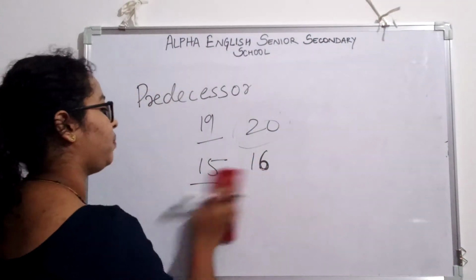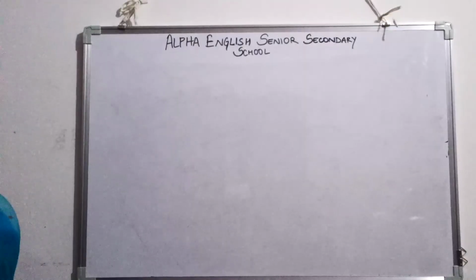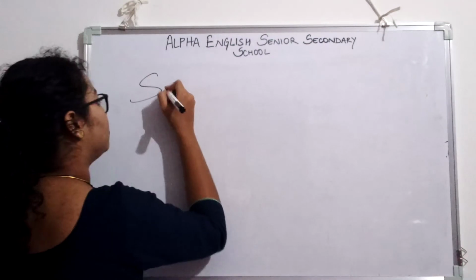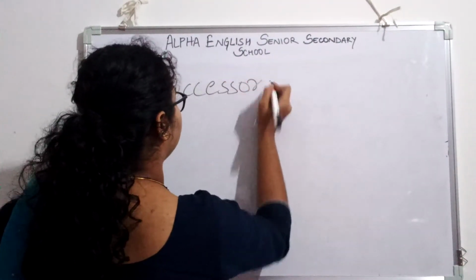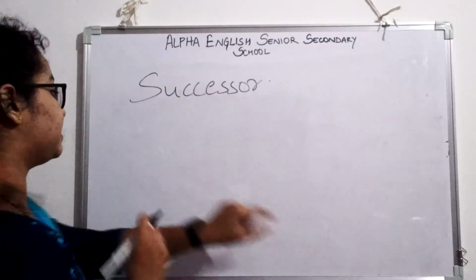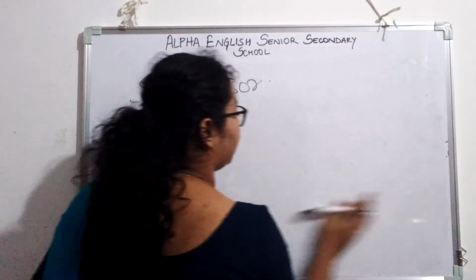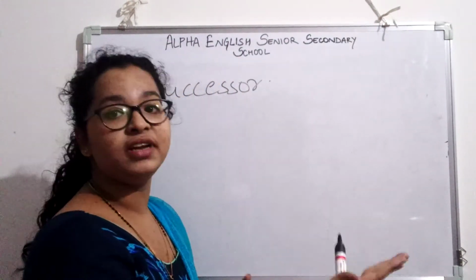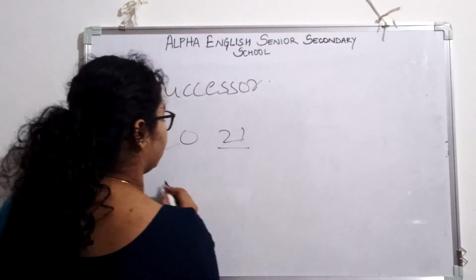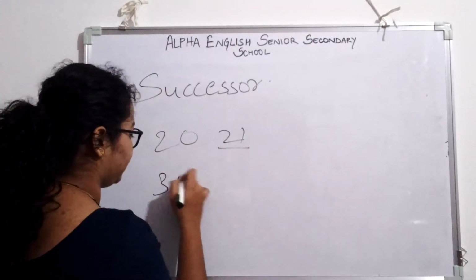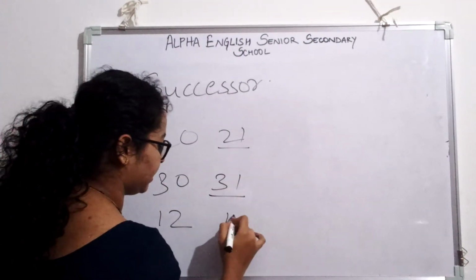The second point of this topic is successor. Successor is the opposite of predecessor. It's a number which comes after a given number. What is the successor of 20? It's 21. What is the successor of 30? It's 31. What is the successor of 12? It's 13.